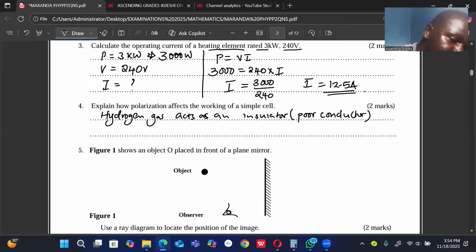And this increases the resistance to the flow of current.